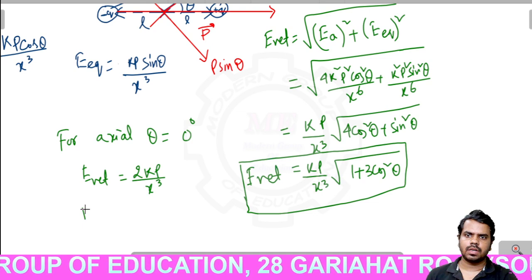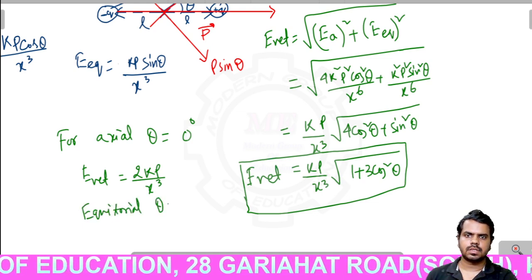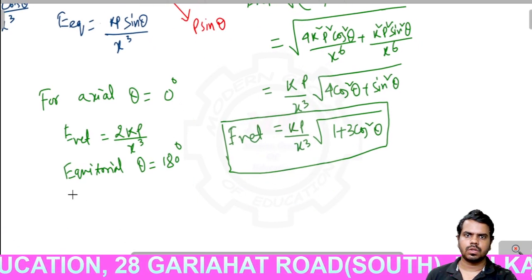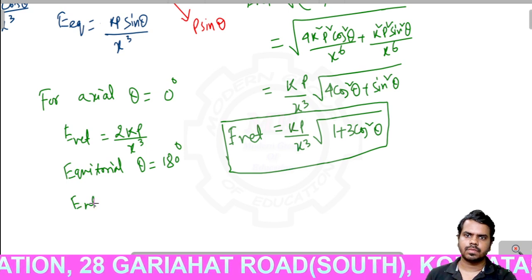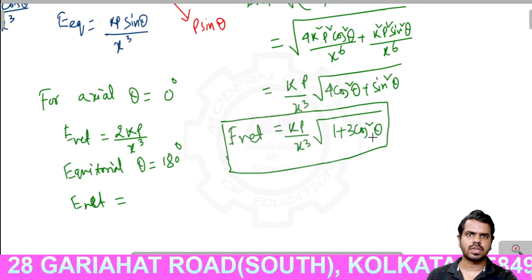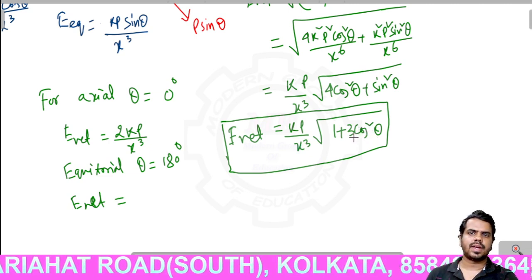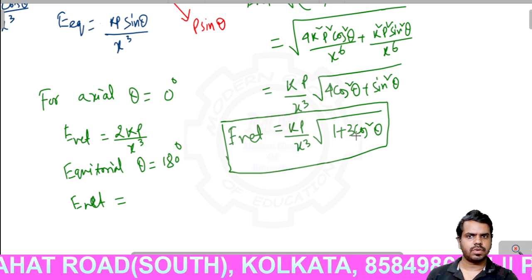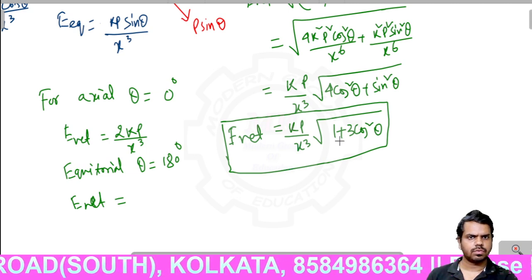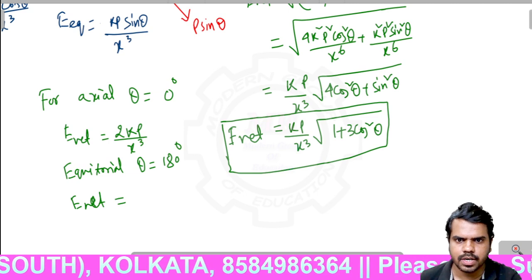For equatorial, the value of E net will be kp by x cube into root over 1 plus 3 cos square theta. Sorry, for equatorial the theta is 90 degree.